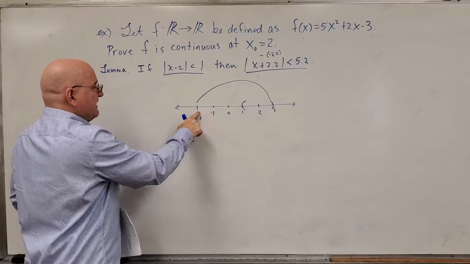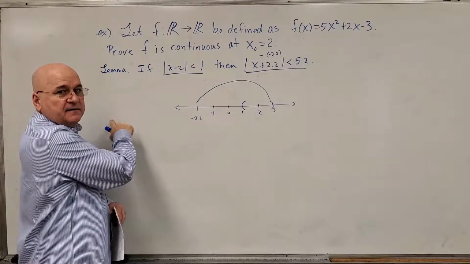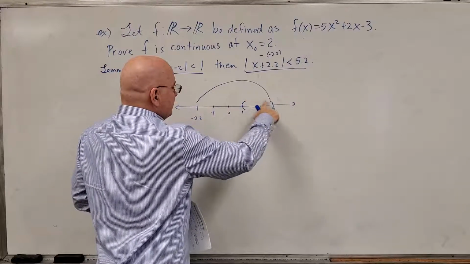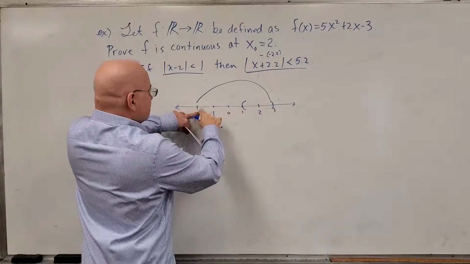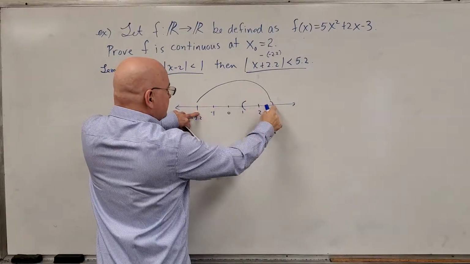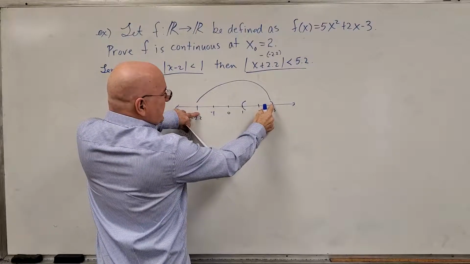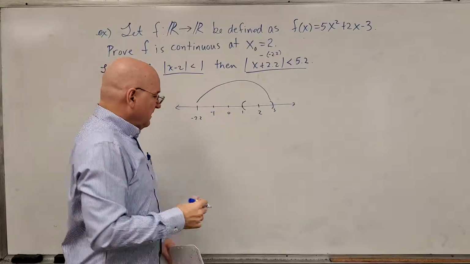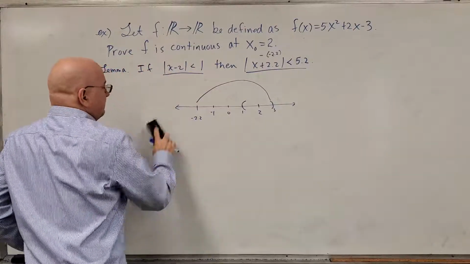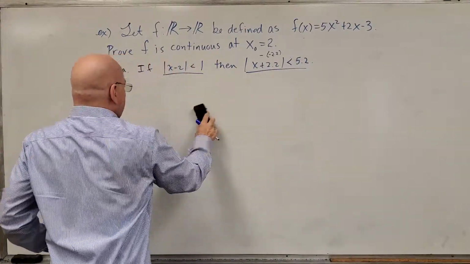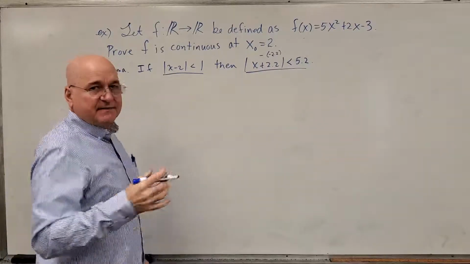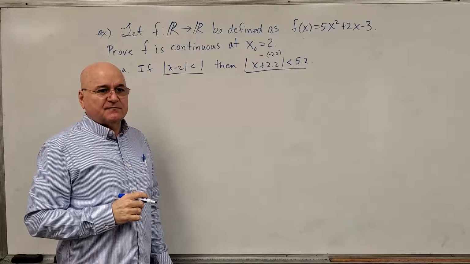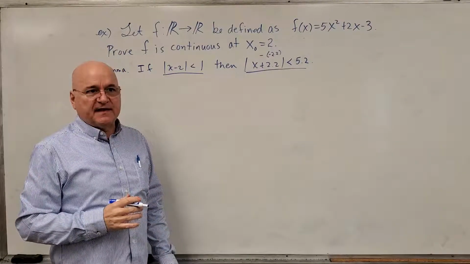If I subtract 5.2, I don't care about that. It would take me way out here. So if I'm in this region, the farthest that I could possibly be away from negative 2.2 is if I were almost right at 3. And that would be less than 5.2. So graphically, it's simple, but this will be good practice for using absolute values if you're not familiar with or comfortable with absolute values.